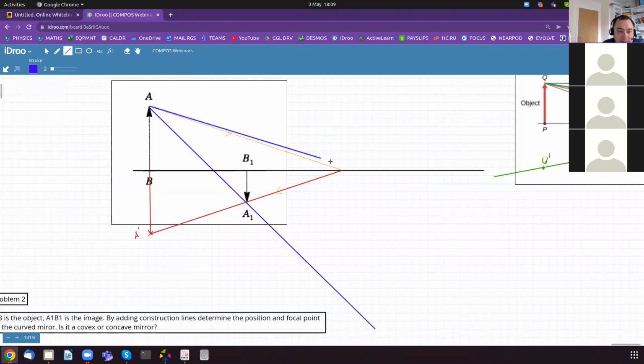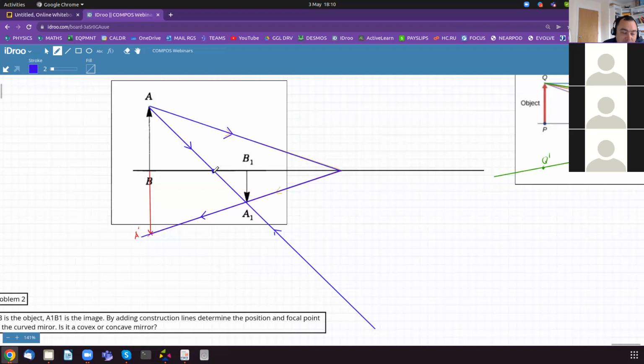It goes from A and then goes like this. Another ray. This ray goes like this, and then somewhere it reflects and then goes back. Then what we have here, because this is the point where ray goes like this and reflects. So, and then also here.